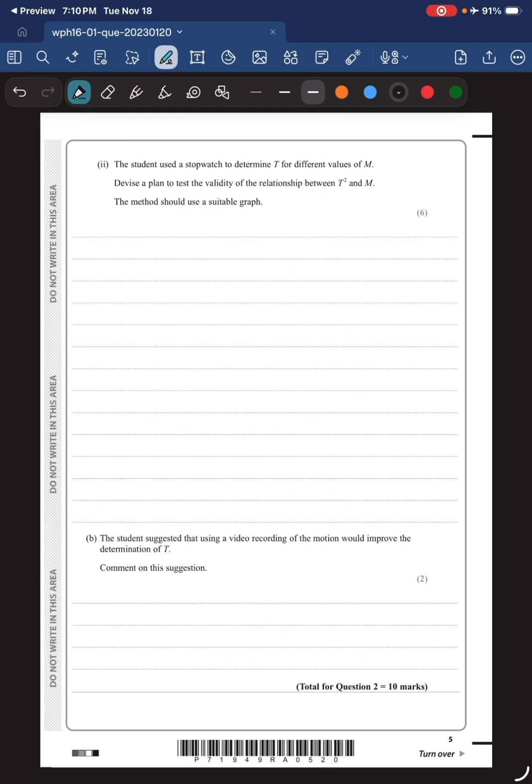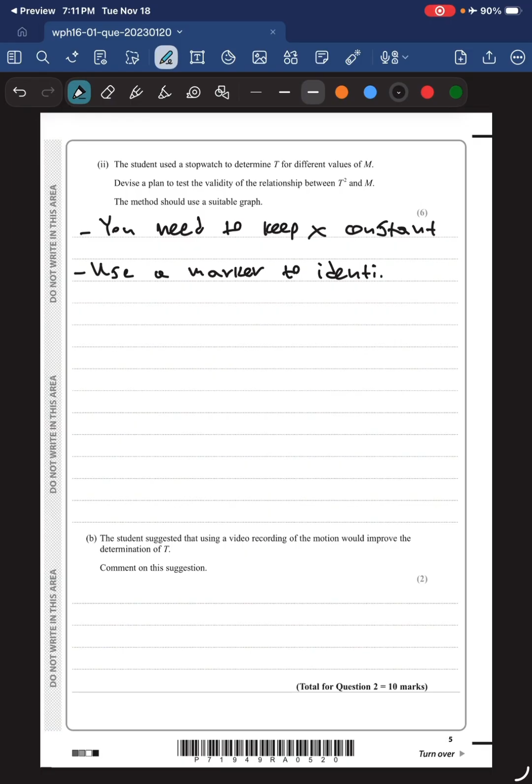So first of all, to do this experiment, you need to keep the length x constant. That's the first requirement. You need to use a marker to identify the start and the end of a rotation.